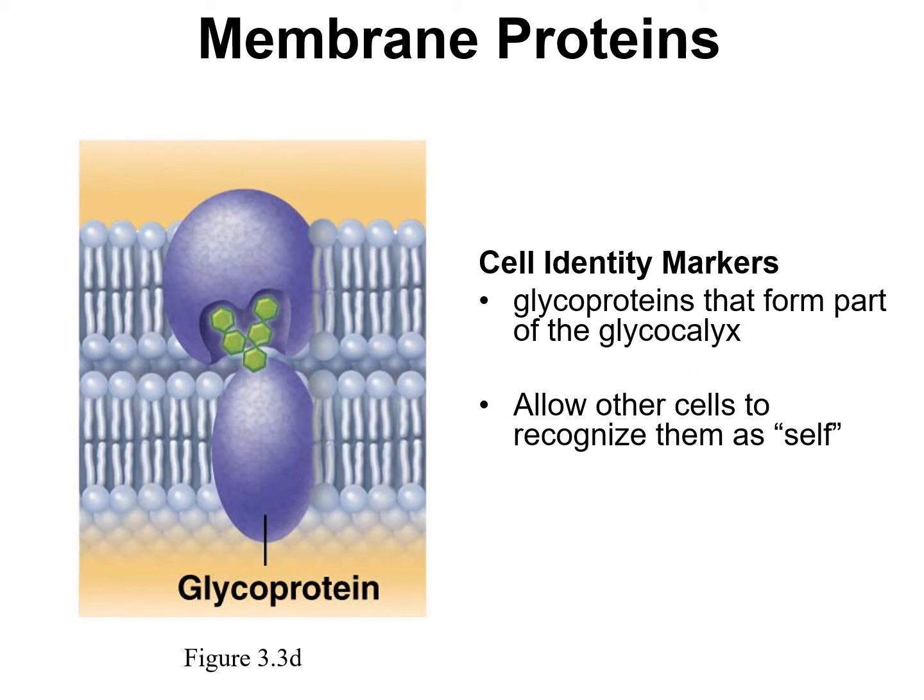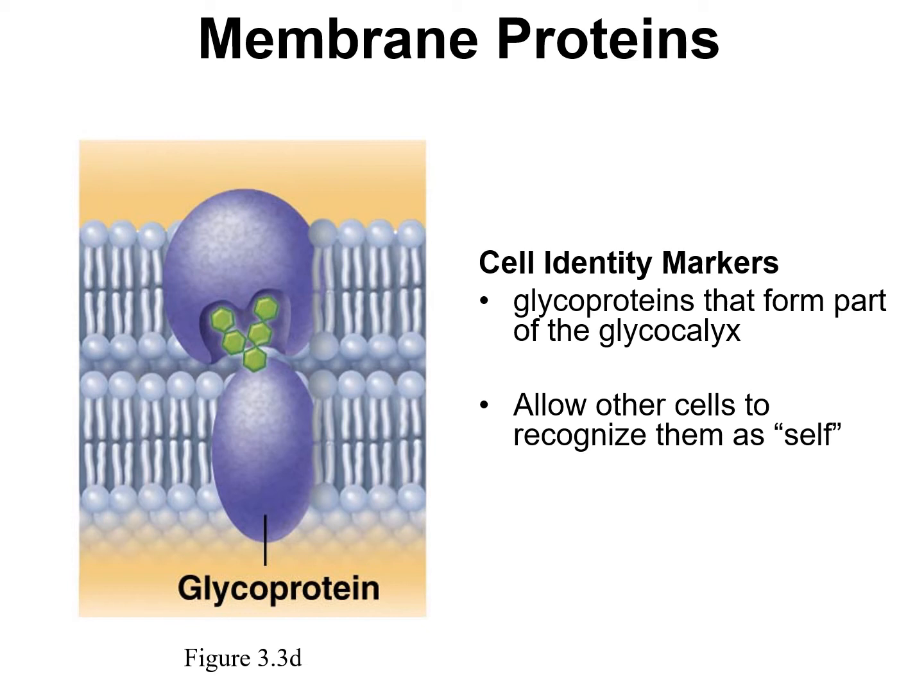These glycoproteins serve as little "hello, my name is" stickers and allow immune cells to identify cells as belonging to the body. These are also referred to as self-antigens. And if the white blood cell does not recognize the cell's antigen, it would attack it.